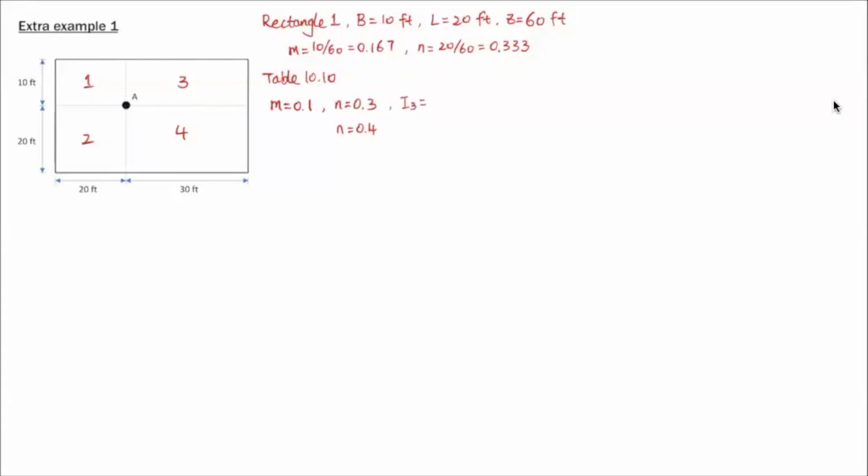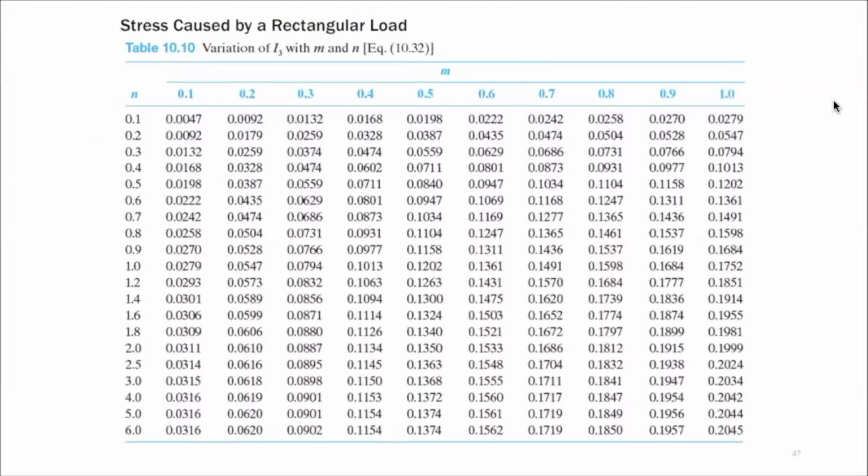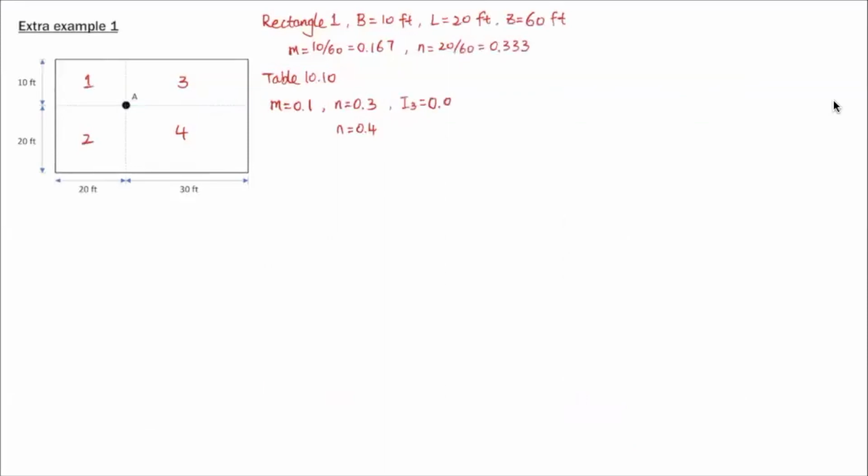Let's look at this table. The I3 value for M of 0.1, N of 0.3 is right here: 0.0132. And for N of 0.4, the I3 value is 0.0168. We can read these two values directly from table 10.10.